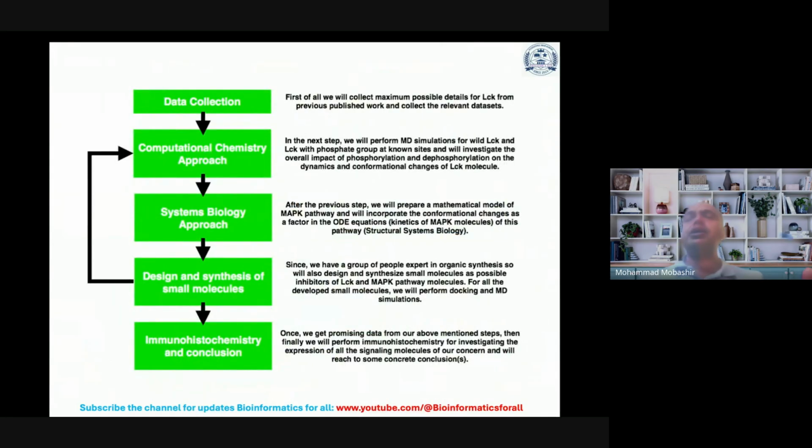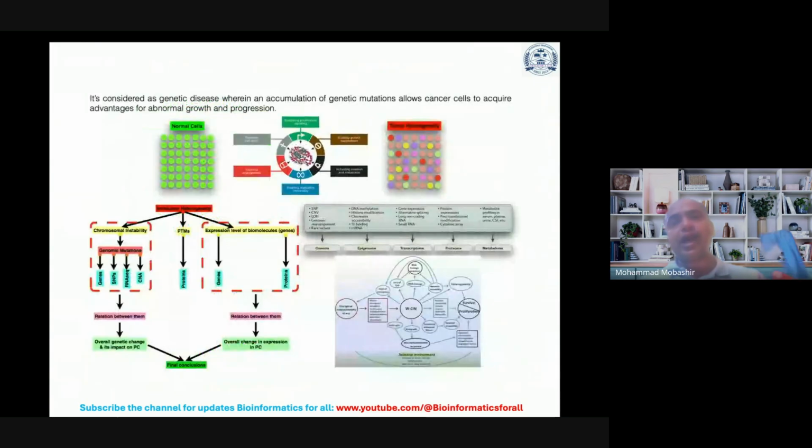So here, this is a summarized way for a complex systems biologist, how you can work. Data collection: collect all the data in a purified way, and then, if you want to integrate some kind of structural biology, then apply computational chemistry, then apply systems biology approach. For this, you need to have a design and synthesis of small molecules also, immunohistochemistry, and final conclusion.